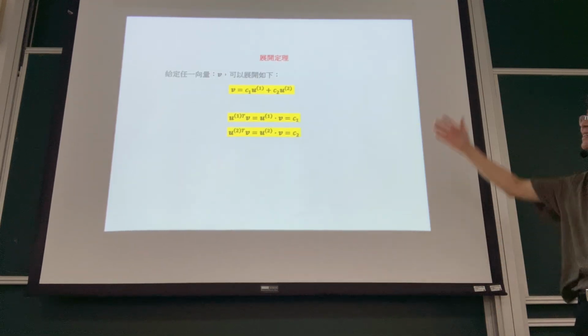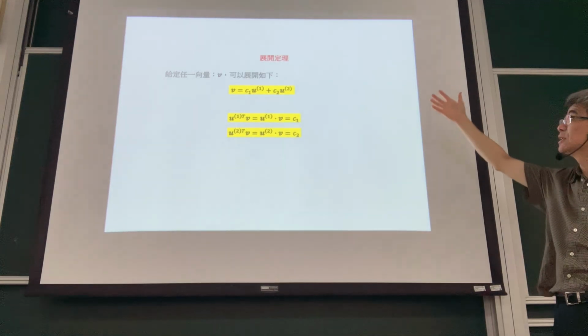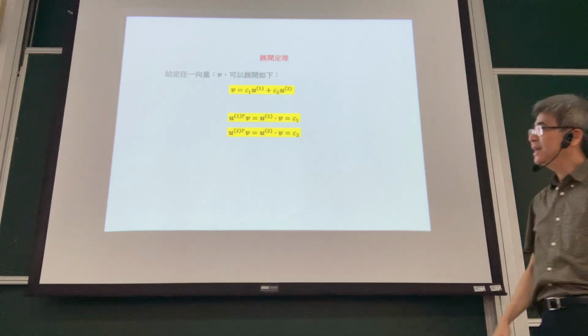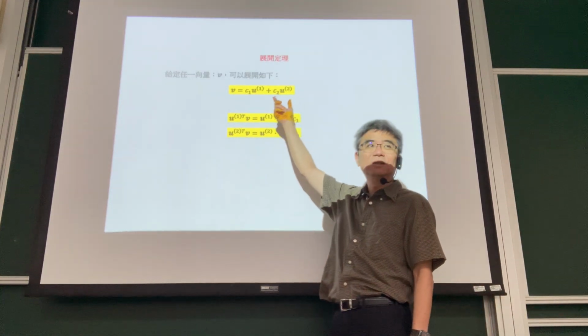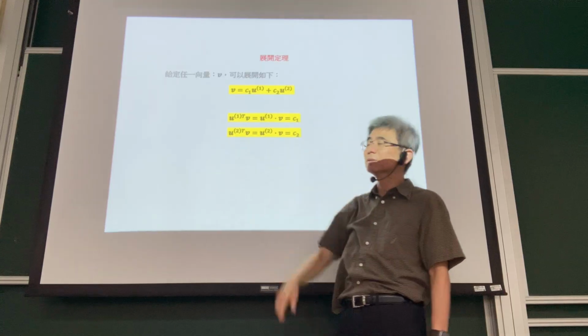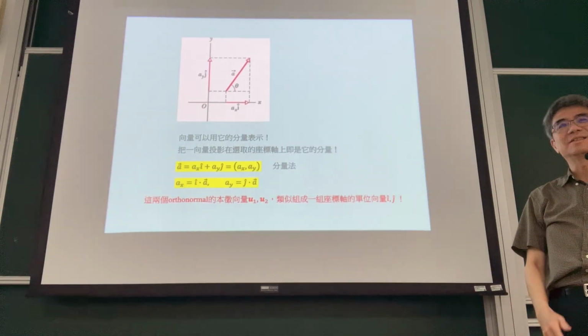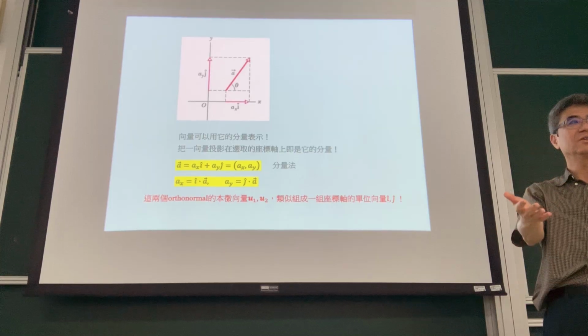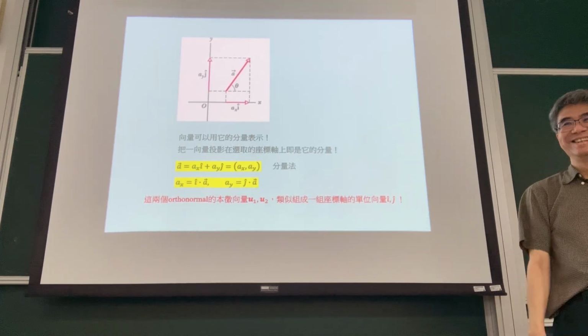Of course, this is so cute. So it has a name. It's called the expansion theorem. Any vector could be expanded in terms of eigenvectors. This is called the expansion theorem. Of course, ladies and gentlemen, this is from your kindergarten course. This is taking a projection.